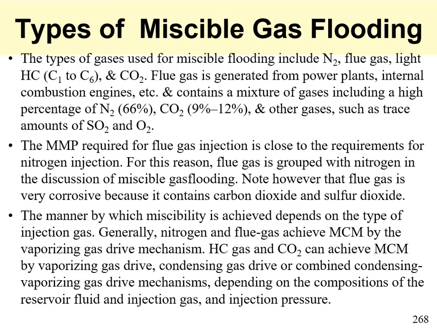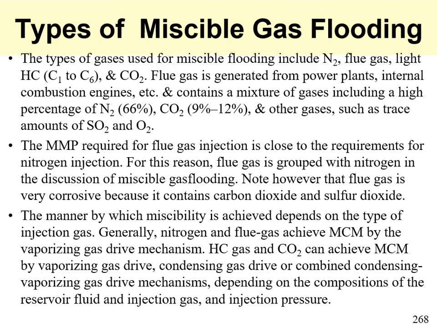So in most texts, you will see nitrogen and flue gases grouped together when discussing miscible gas flooding. You need to note that due to the presence of carbon dioxide and sulfur dioxide, flue gases will be quite corrosive. The manner in which miscibility is achieved depends on the injection gas.